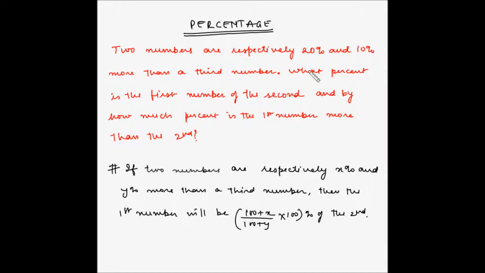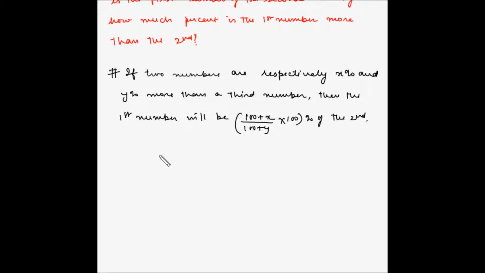So let's take the case of this example. So here x is 20% and y is 10%. And we have to find out how much percent is the first number of the second. So here we'll replace x and y with 20 and 10. So we get 100 plus 20 divided by 100 plus 10 into 100.